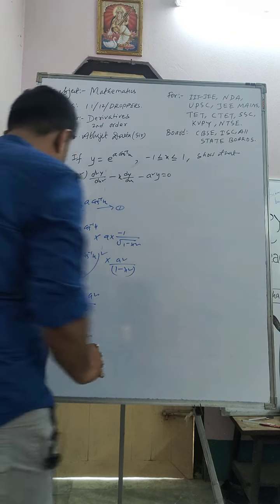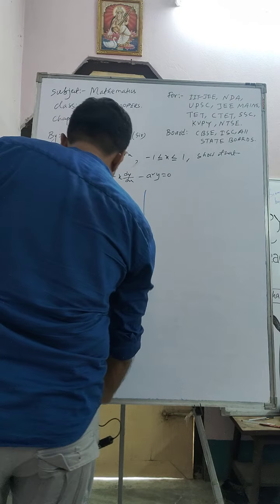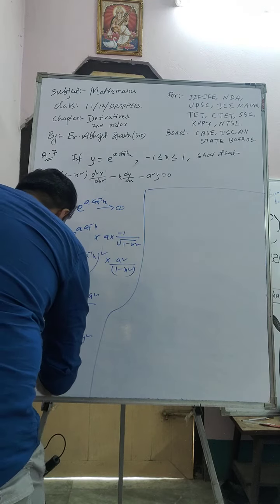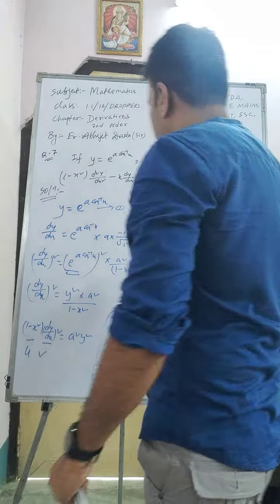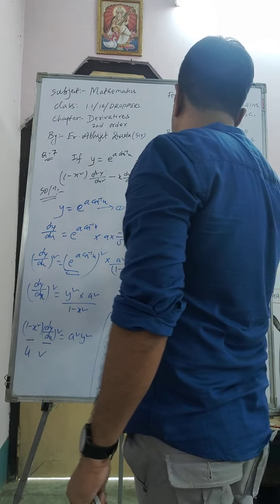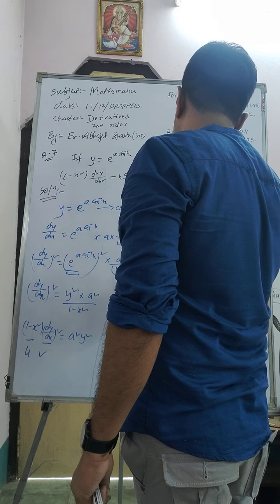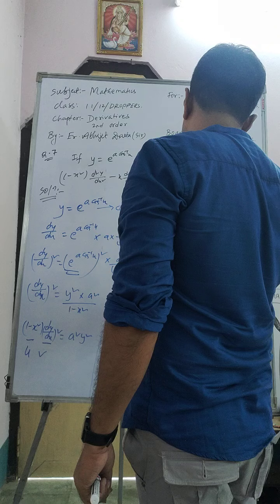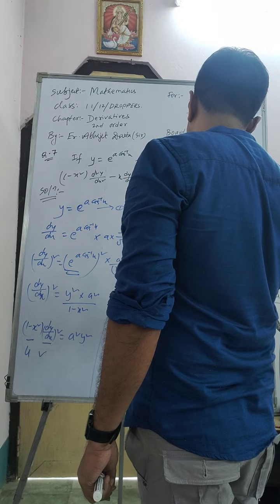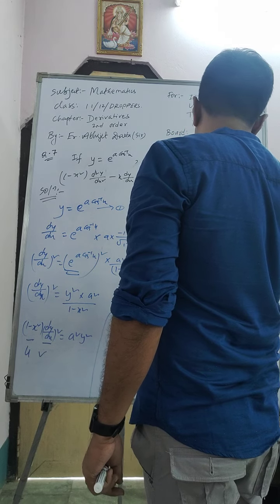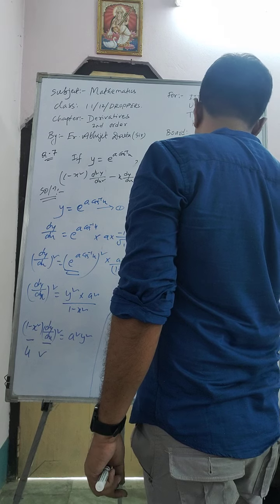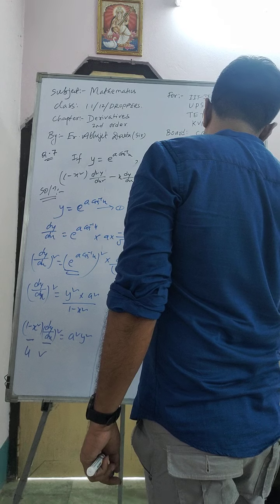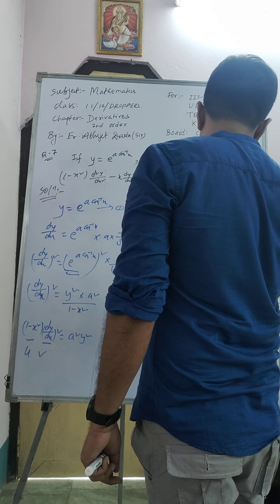Now differentiate both sides with respect to x, and this is in the form of u into v. Okay, now 1 minus x square into d by dx of dy dx whole square, plus dy dx whole square into d by dx of 1 minus x square, and here will be a square into 2y dy dx.